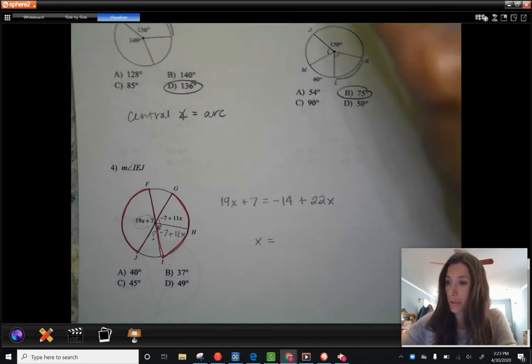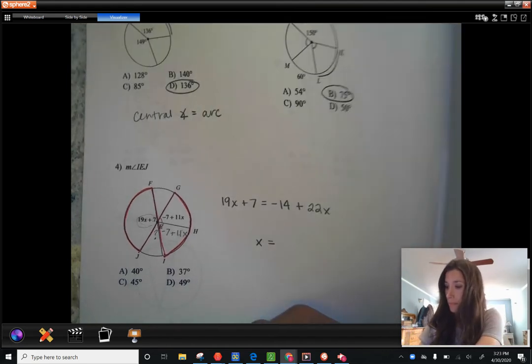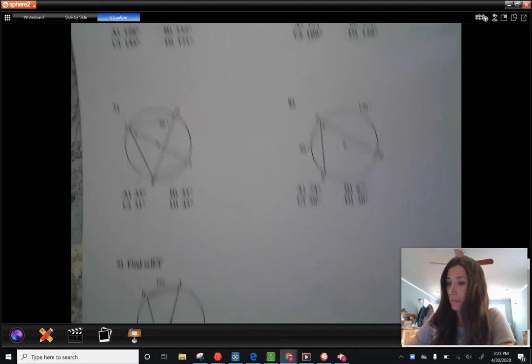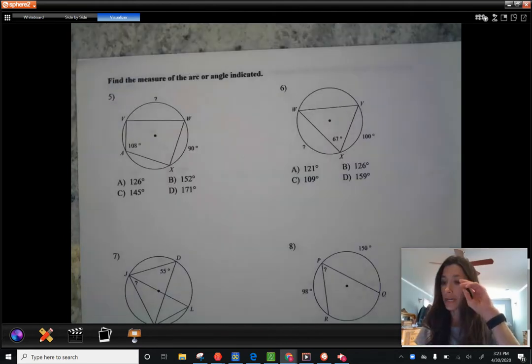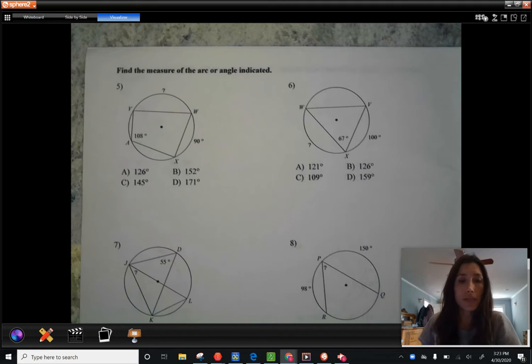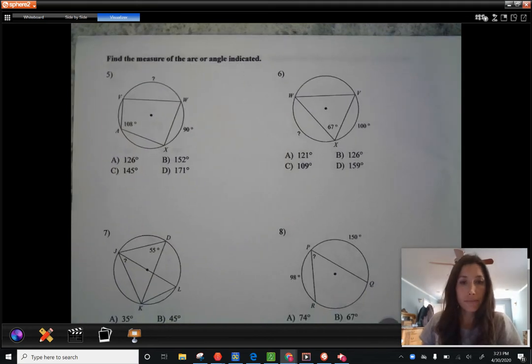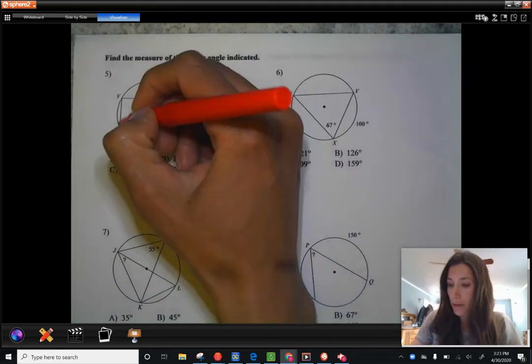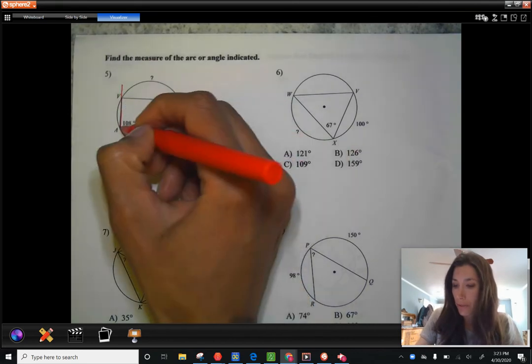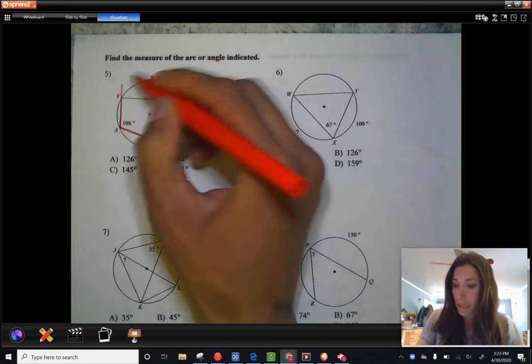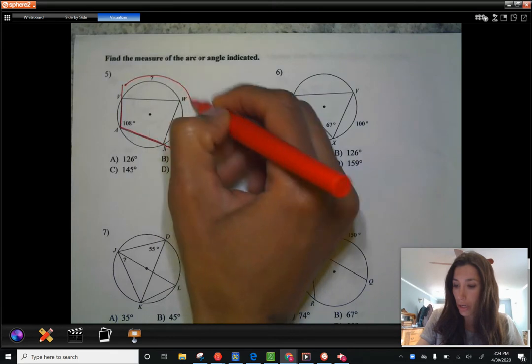Let's look on to our next page here. All right, so on this next page, we have some inscribed angles. The first thing I would notice is we have 108 degrees for this inscribed angle, and it's inscribed to this arc here.